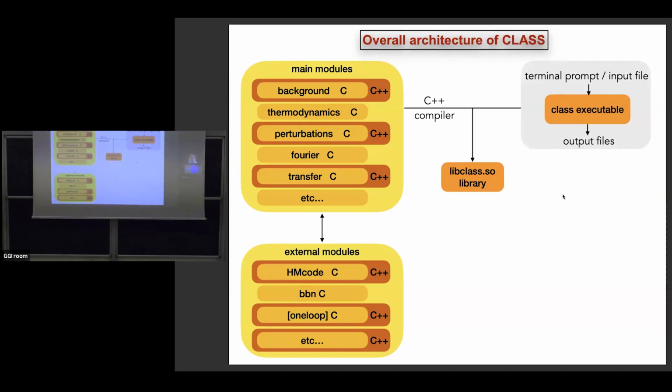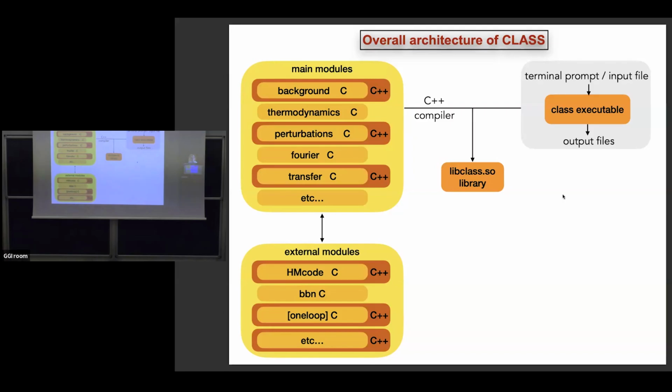The library will be very useful if you want to use a Python wrapper. The executable is in fact all that you need if you are not a Python fan and you just want to run your code in the old-fashioned way in a terminal by giving to the code an input file and by expecting to find your results written in output files. We have been doing this for a while and we are still maintaining this option.